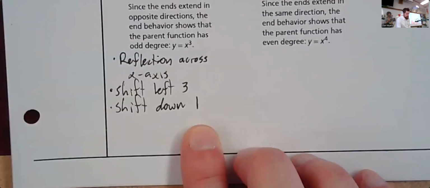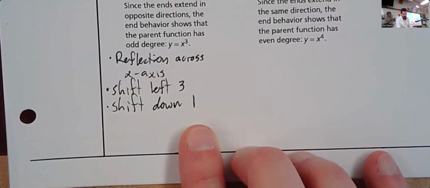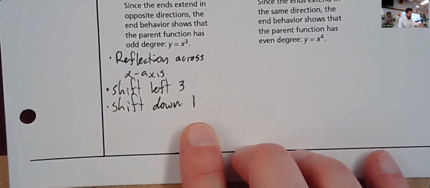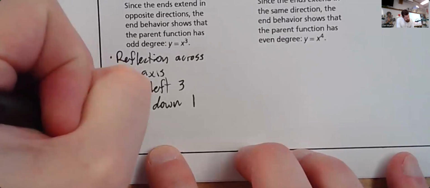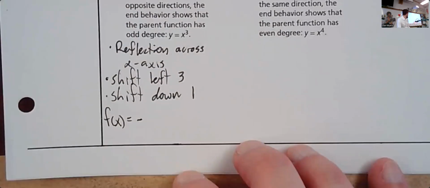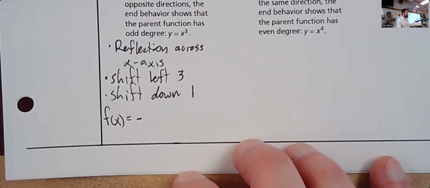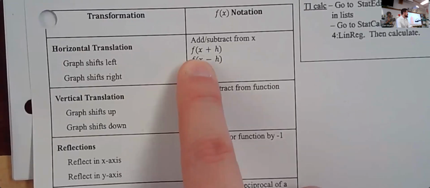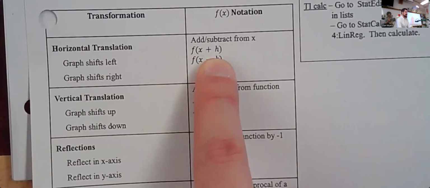So we are going to say that f of x is equal to the opposite of, if it's gone 3 to the left inside the parentheses, let's take a look here. If you shift left, that's going to be plus inside the parentheses, however far you went to the left.